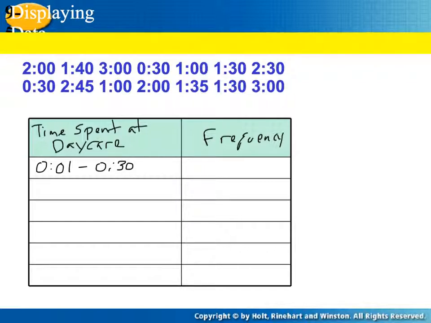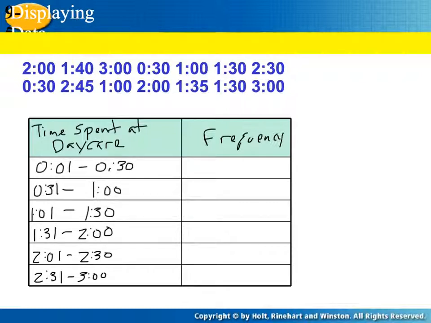That's 30 units. 1, 2, 3, 4, all the way to 30 is 30 units. Then my next one would start at 0:31 to 1:00, then 1:01 to 1:30, and finish it out.